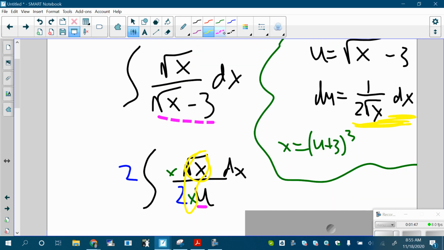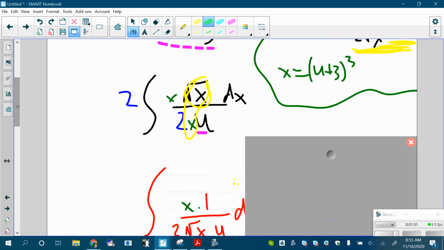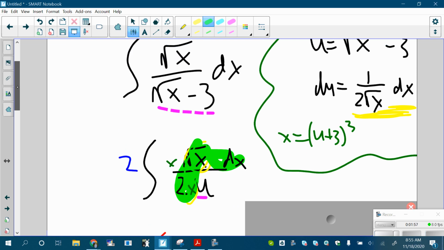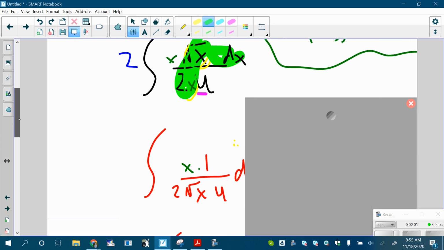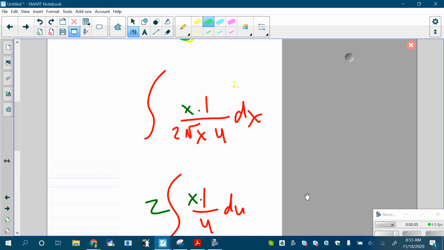Again, I'm trying to get the du in there. So if you look at this green chunk, that's du. That's this. So I replace that with the du. Here, I simplified it. There's my du. I have the u in the denominator, that's fine.